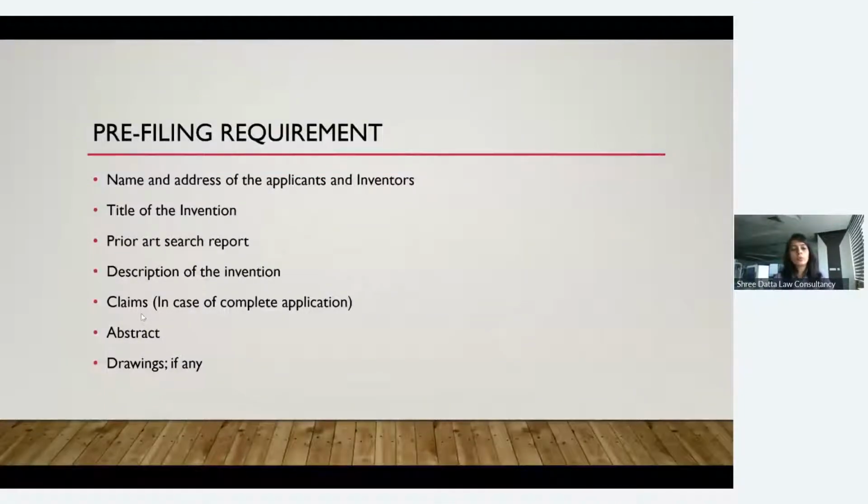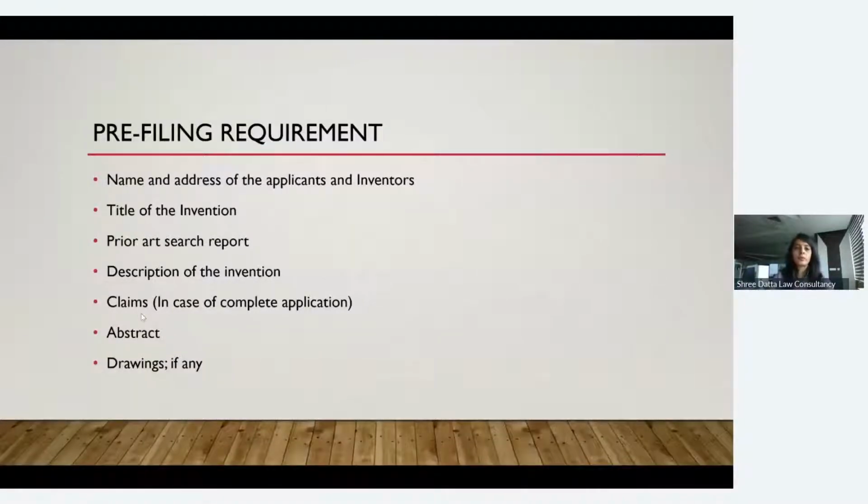The purpose of providing the abstract is that whenever any person is doing a prior art search, they can find out whether a particular patent is relevant to their invention or research. First they check the title, and if based on the title they feel the patent is somewhat relevant, they read the abstract, and based on that, they get the idea whether it's relevant or not.